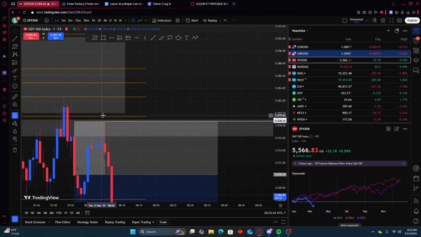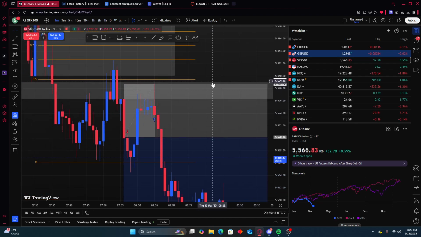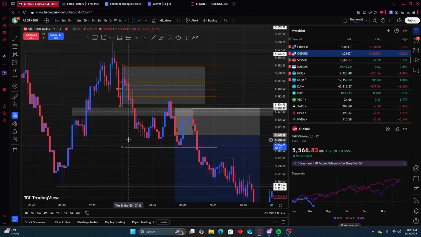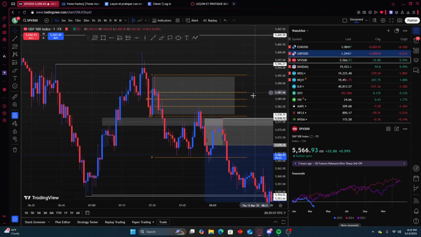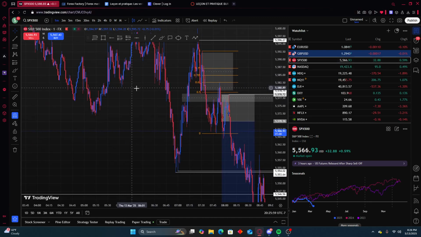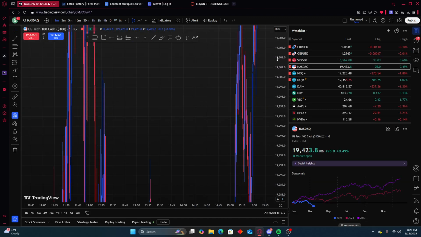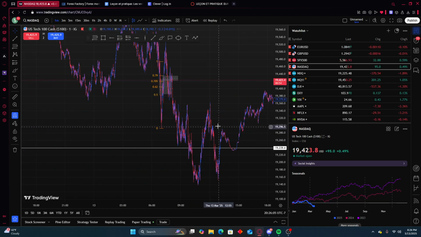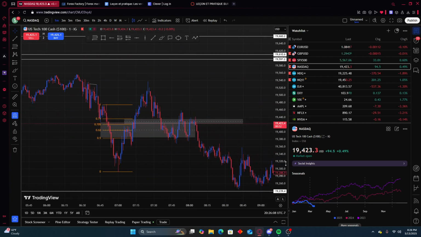Right when I got wicked out, I saw price declining and bearish order flow, and in my head I'm like, okay, I'm not gonna revenge trade. I'm gonna just wait this one out. I was trying to see SMTs, and I had a bunch of SMTs show up, but I wasn't confident with them because there were SMTs on the top and on the bottom.